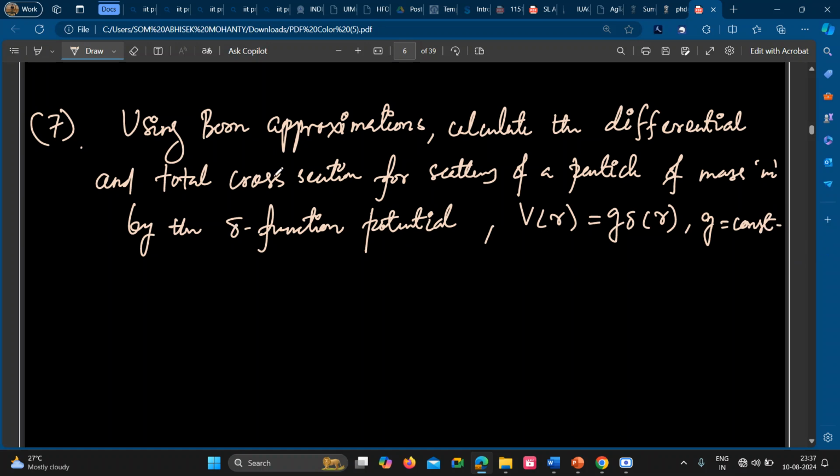Okay. So your potential is given. This is a delta function potential because there is a delta function in it. So how to solve this one? This one will be solved in a different way.